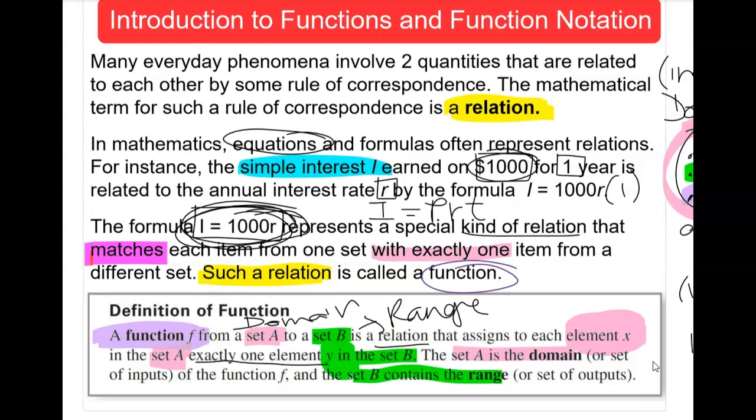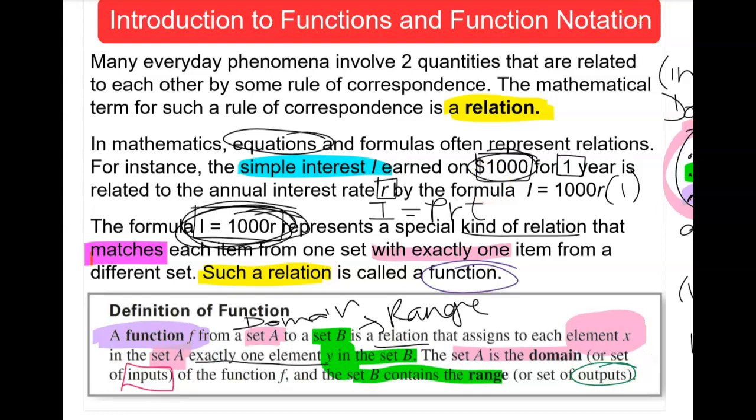Now we have other words. The set A, the domain, is also considered the set of all inputs. And the range is also considered the set of all outputs.